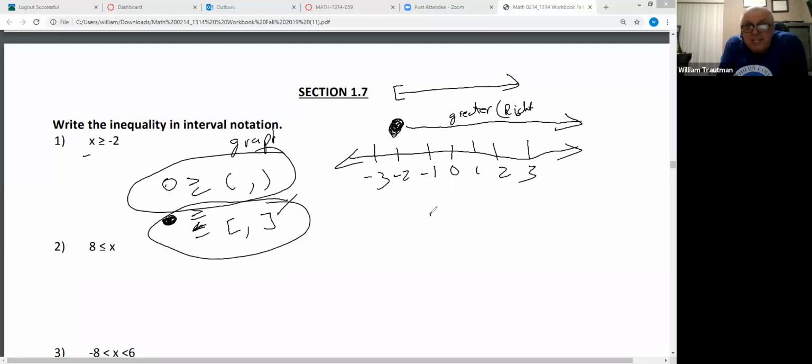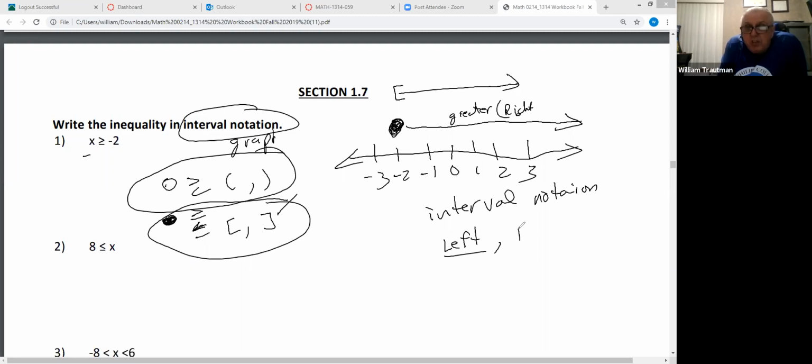Okay, so we have to write this in interval notation. They say, give me the answer in interval notation. On interval notation, you write the leftmost number and the rightmost number. Left is always on the left side and right is always on the right side.